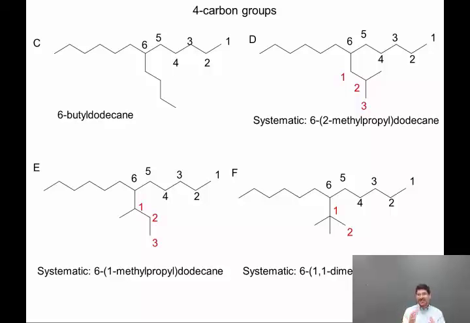Okay, the ethyl is the longest branch on the chain, but on that ethyl are 2 methyls on carbon 1. Therefore, it's 1,1-dimethylethyl dodecane. Well, if you thought 1-methylethyl was a mouthful, 1,1-dimethylethyl is really a mouthful.